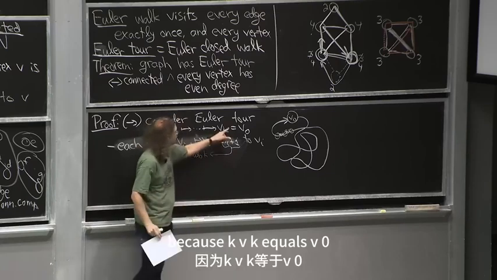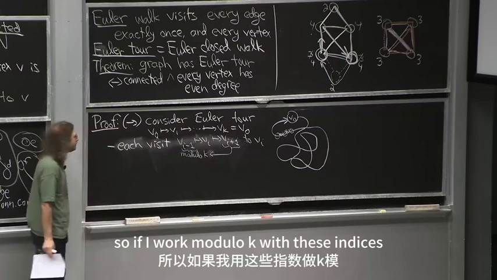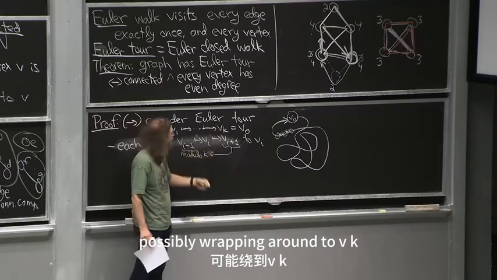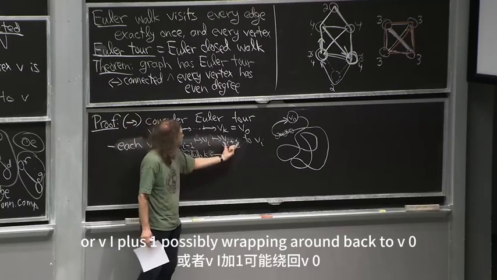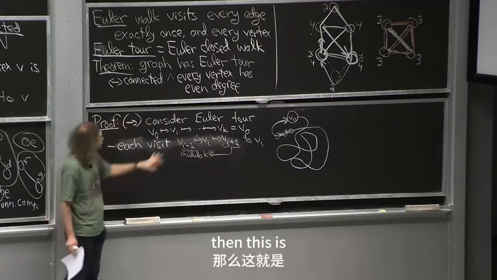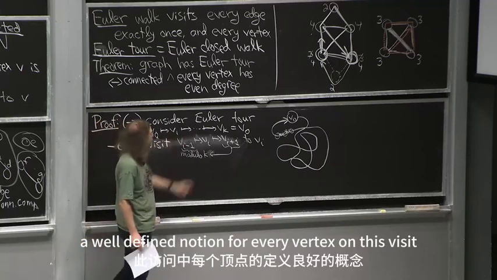Because vk equals v0. So if I work modulo k with these indices, and for every vertex I look at the one previous, possibly wrapping around to vk minus 1, or vi plus 1, possibly wrapping around back to v0, then this is a well-defined notion for every vertex on this visit.